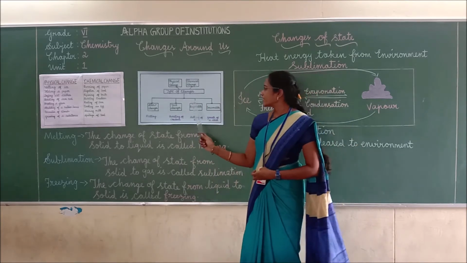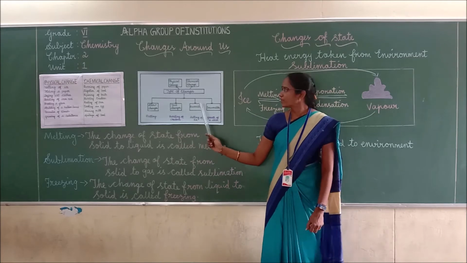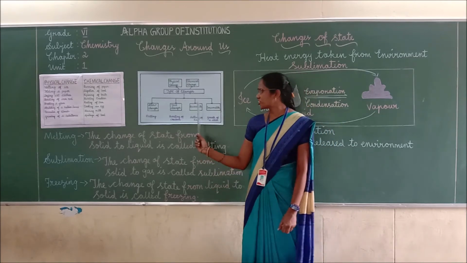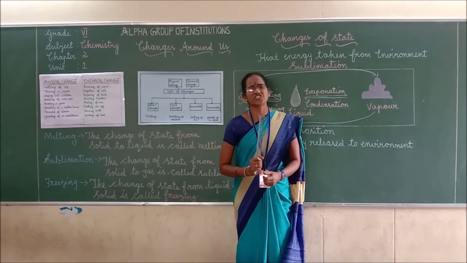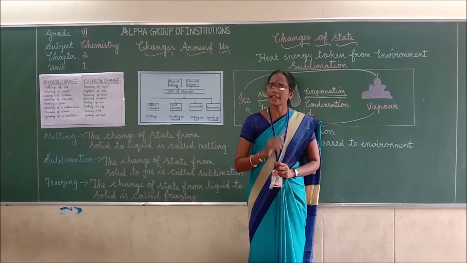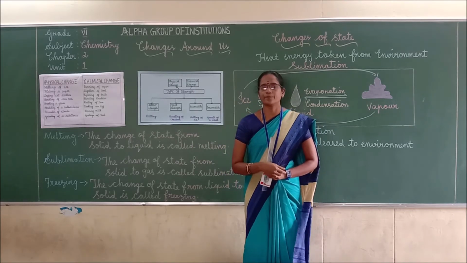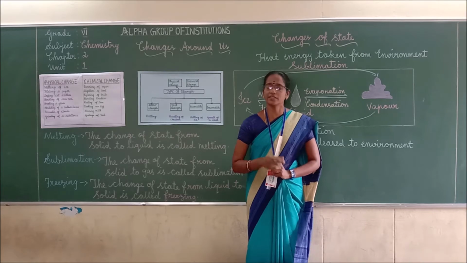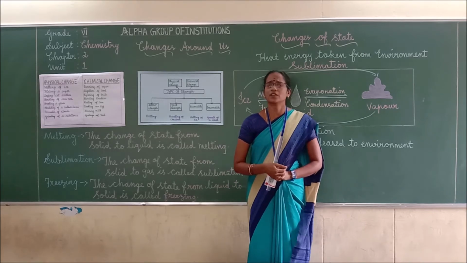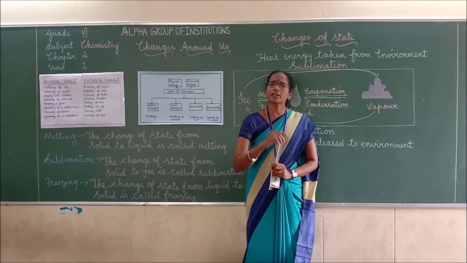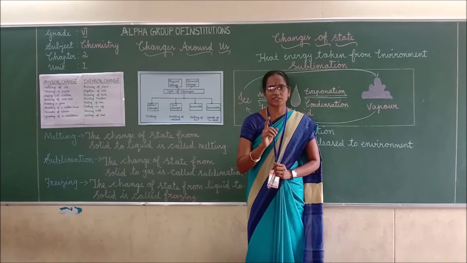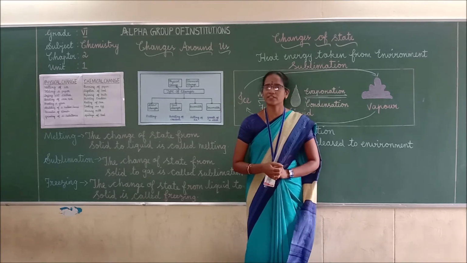Next one, reversible change. What is meant by reversible change? A reversible change is a change that can be reversed. That is, it will come back to its original position. That is called reversible change.